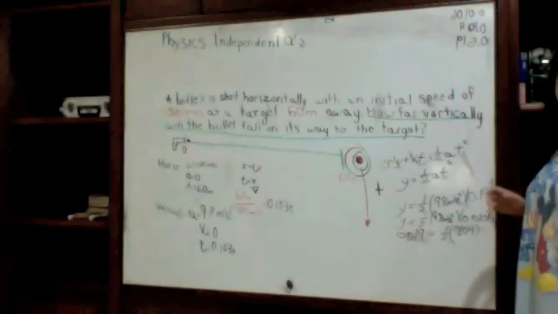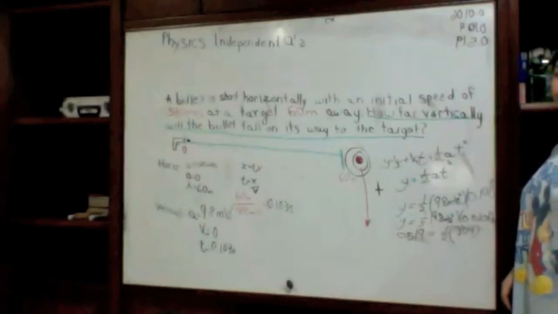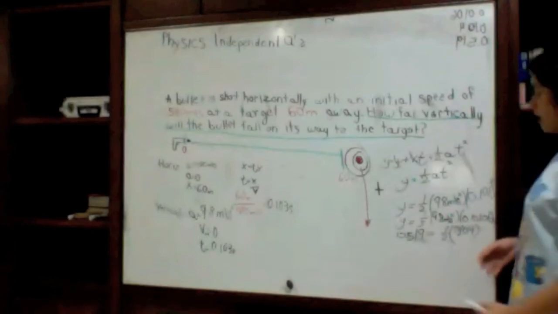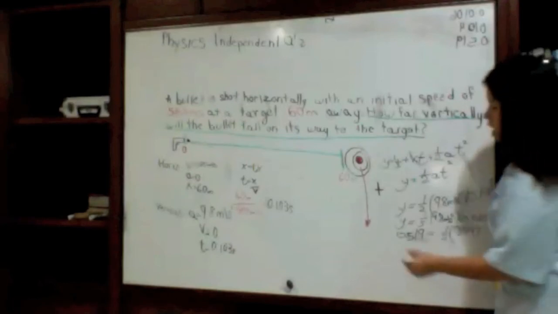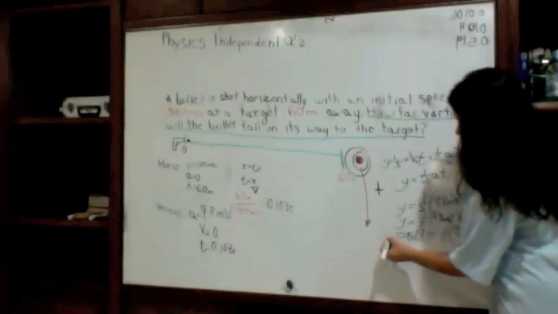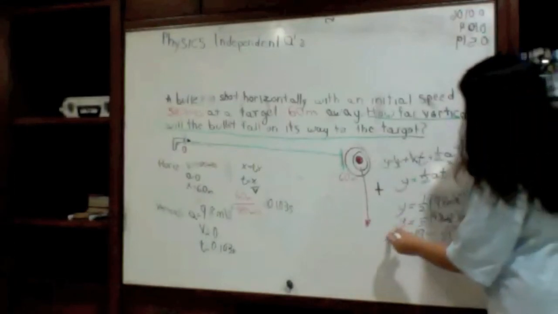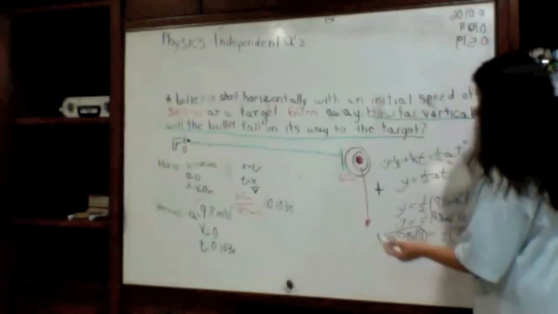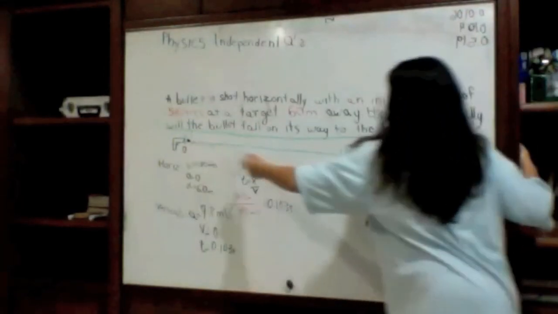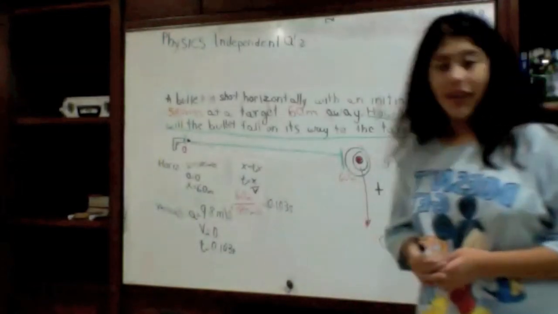This would mean that our equation gives us 0.519 meters, and this is how far the bullet falls when shot horizontally. That's all, and thank you for watching.